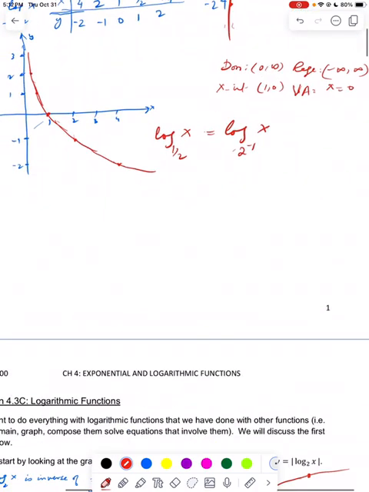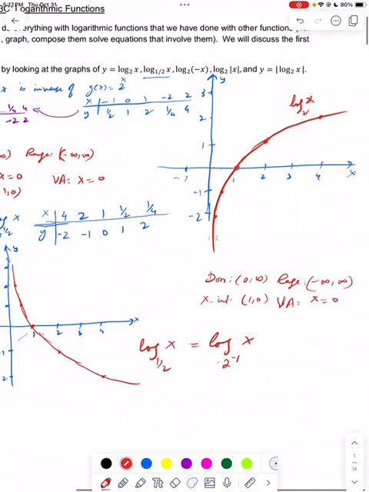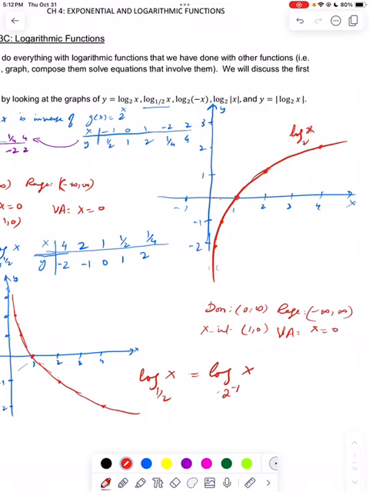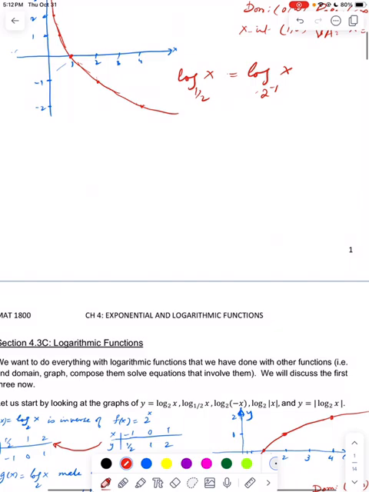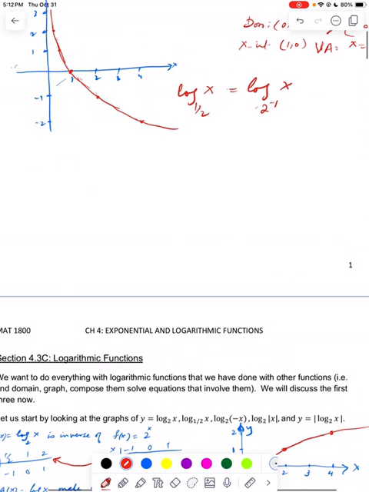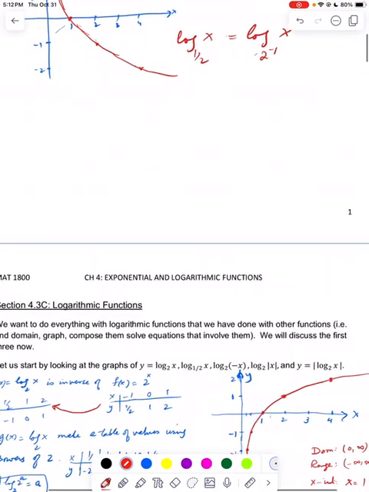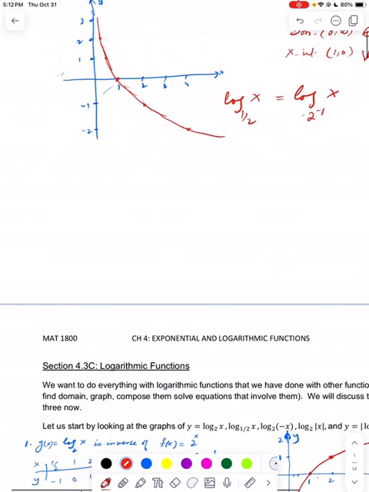So the next one we want to draw is log base 2 of -x. Now you might say, well, why -x? We can't have negative values. Yes, we cannot take log of negative values, but this suggests, so number 3, okay.